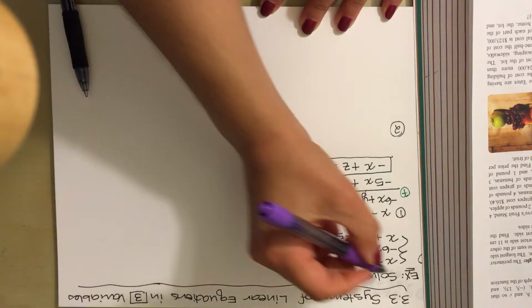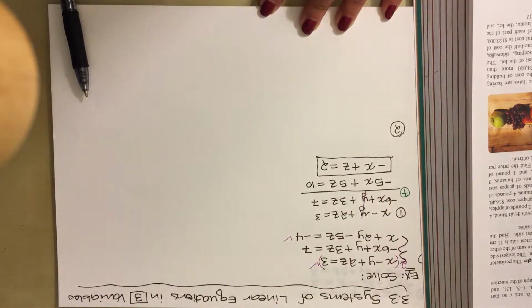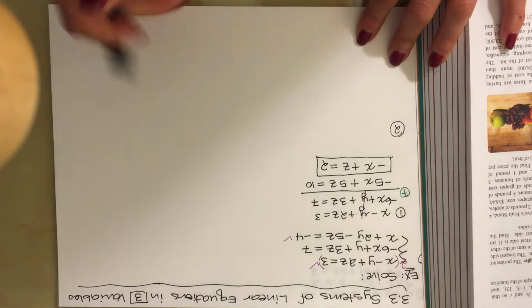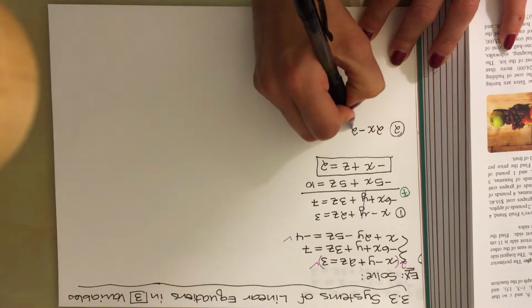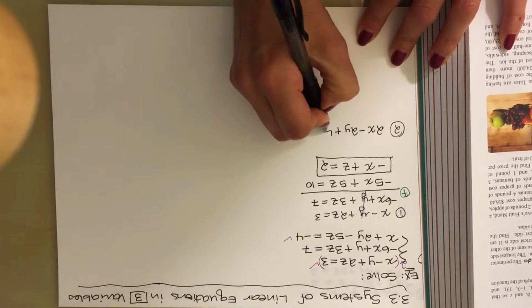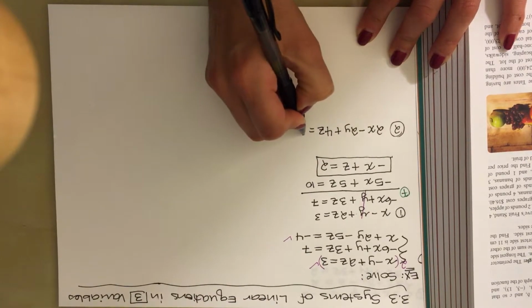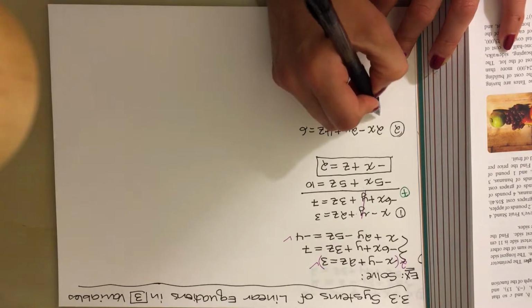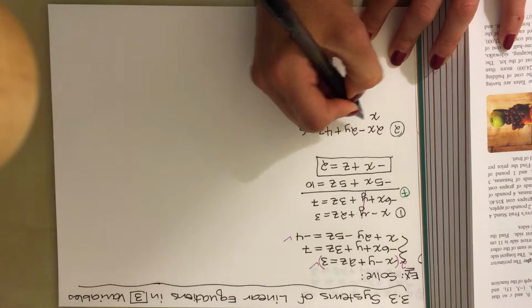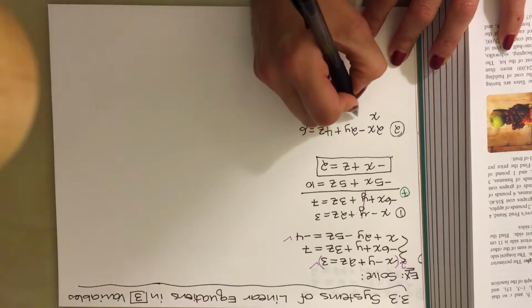So I'm going to go ahead and write 2 here and multiply by 2. Bring down the 3rd equation. Make sure that all the like terms line up.